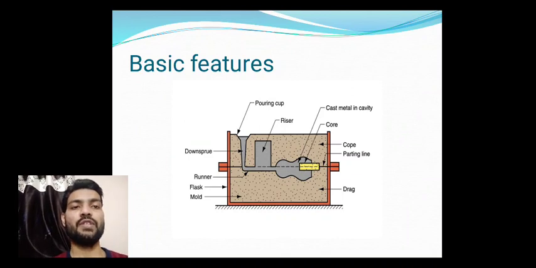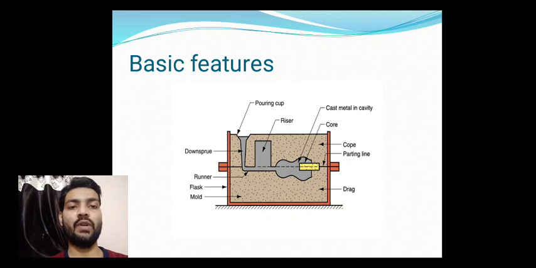Figure of basic features with labeling. Pouring cup. Pouring cup is the place where the molten metal is poured. Down sprue, the molten metal will flow down with the help of the down sprue. Runner, molten metal will run on the runner.